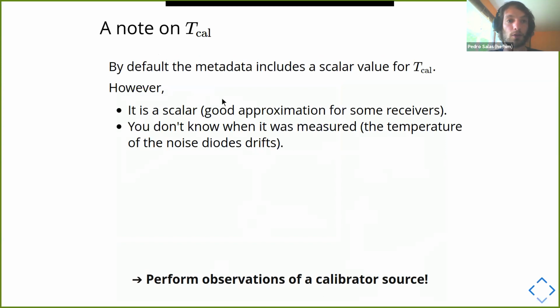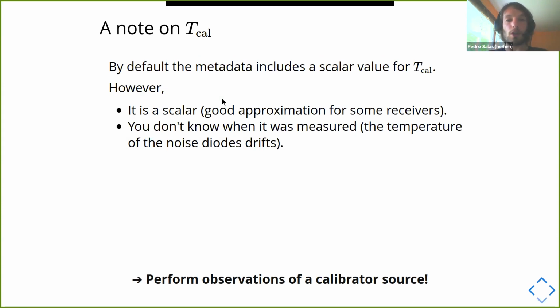And a few notes on this calibration temperature, or the temperature of the noise diode. By default, the GBT will fill your SDFITS table with a value for TCAL, but this value might have been derived a long time ago, so that might not really apply for the current status of the noise diode.